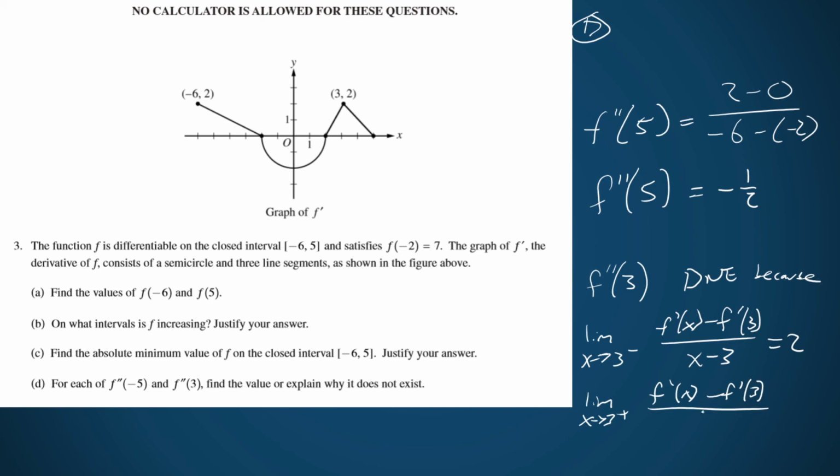I'm just going to write out my formula here for the slope. As these are not equal, f double prime of 3 does not exist.